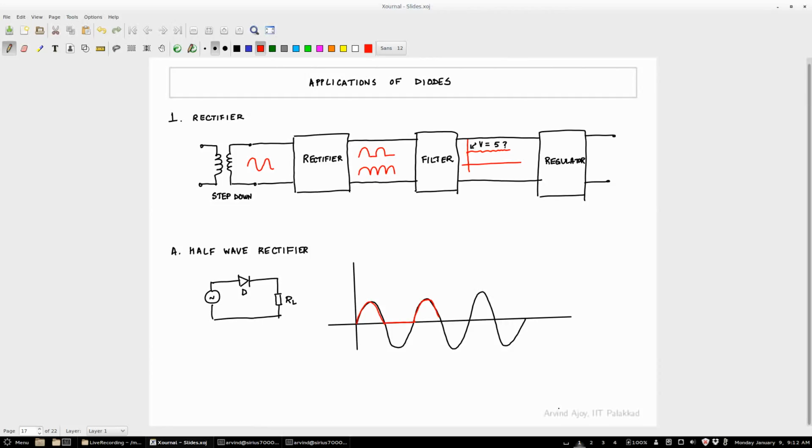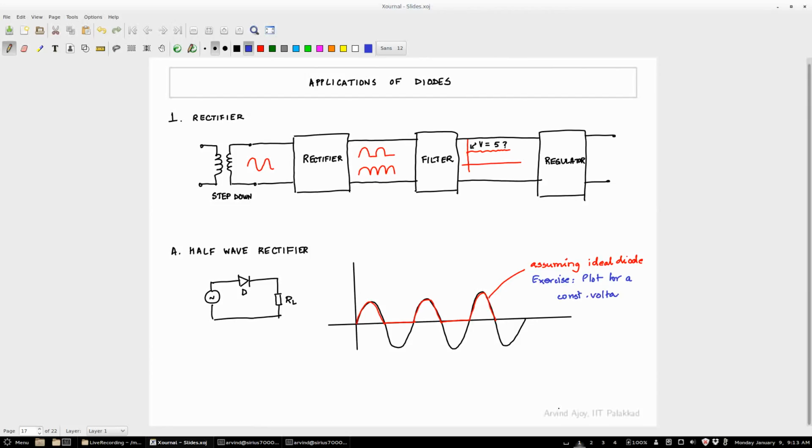Okay, and we have already done the analysis of this one, or rather we actually plotted out how the waveforms look. If my sinusoid were like that, then your waveform is going to be that. So far I am assuming it's an ideal diode. What will happen if it's not an ideal diode? I will ask you as an exercise to plot the red line.